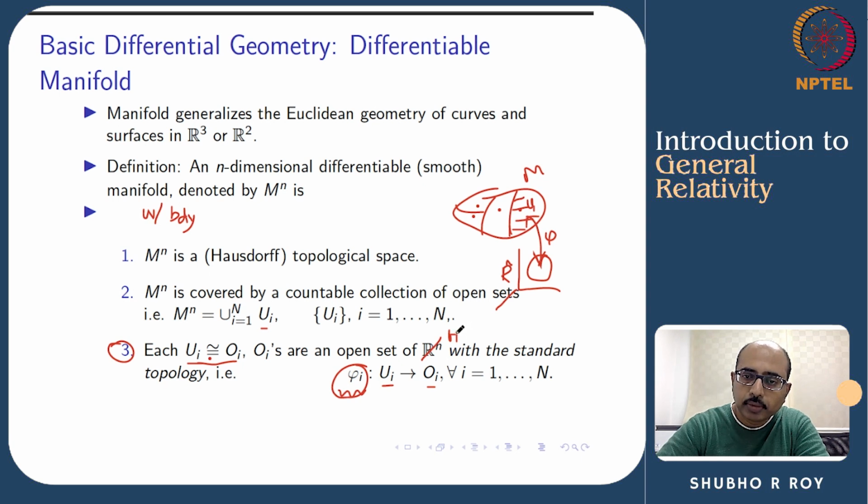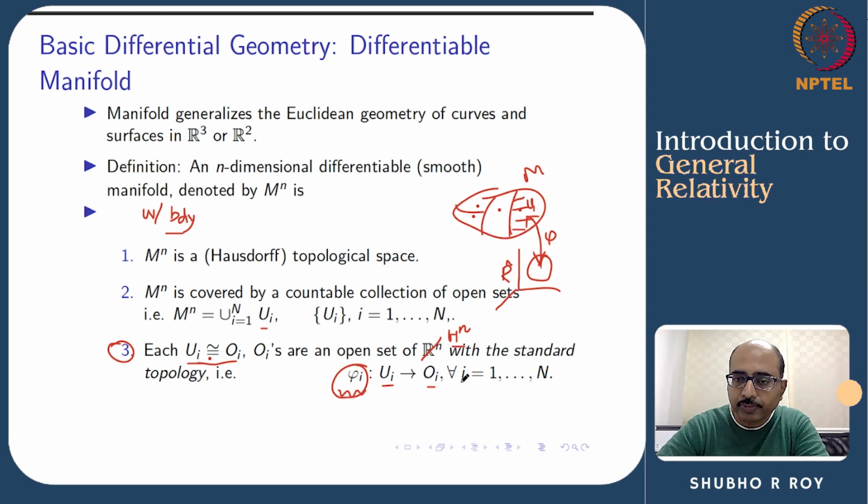Okay, so for a manifold with a boundary, every open set or every coordinate patch is homeomorphic to an open set in the half space Hn.